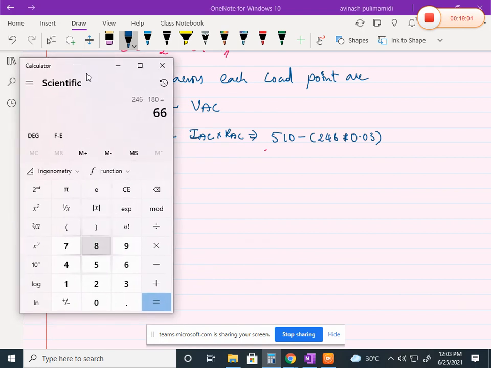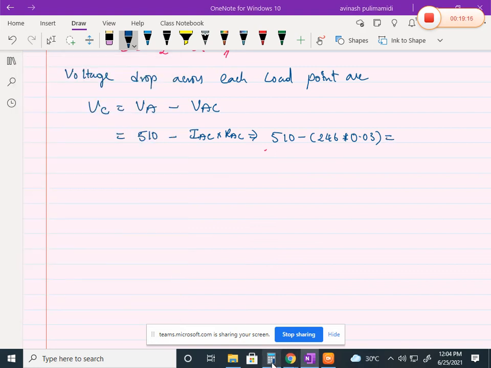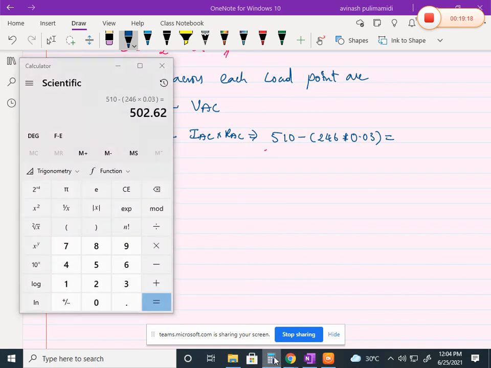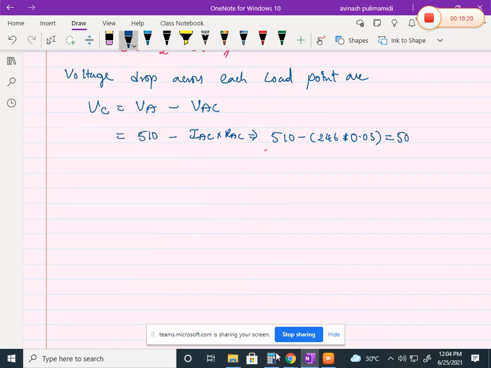Now what do we get here? 510 minus 246 into 0.03. What is this value? 502.62 is the voltage at point C.